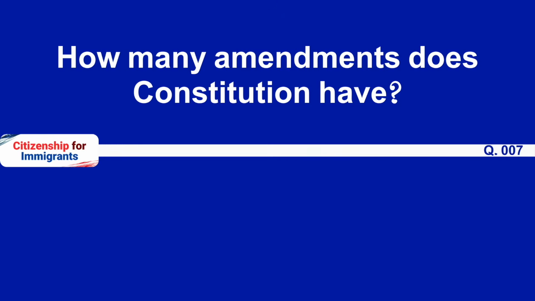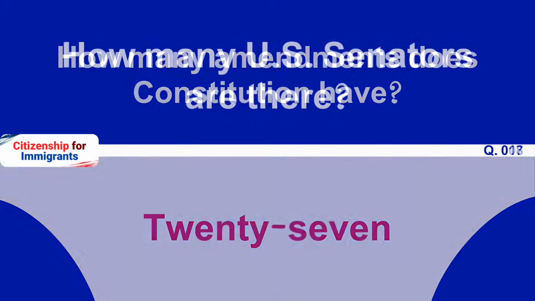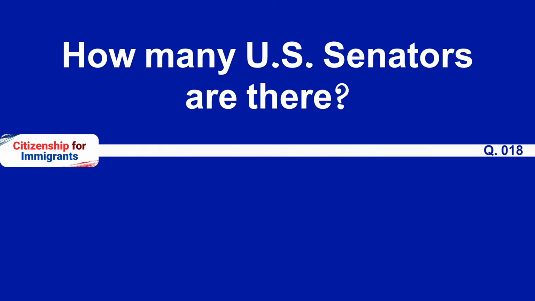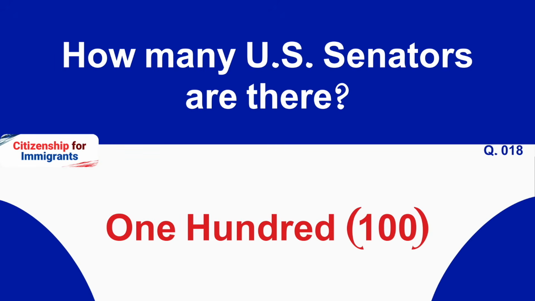How many amendments does the Constitution have? 27. How many U.S. senators are there? 100.